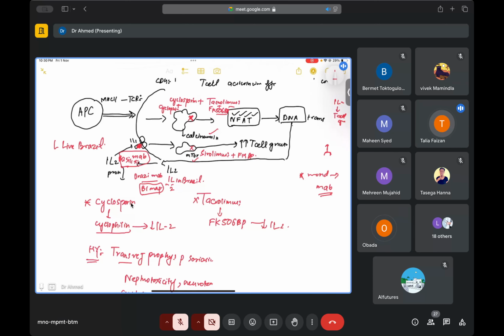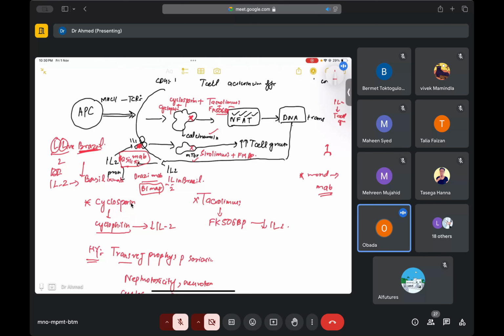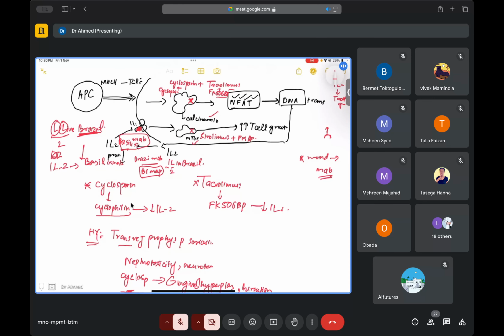You have two letters before Brazil, so IL2 for Brazil, basiliximab. Is that a good mnemonic or not, guys? Okay, so I live in Brazil means IL2 in Brazil, basiliximab, right?